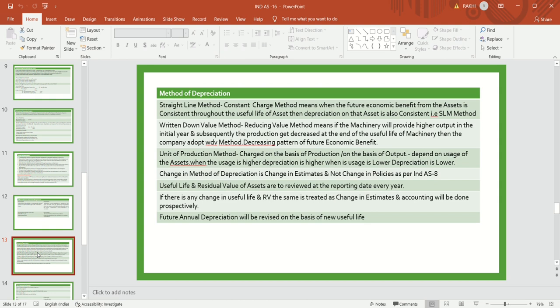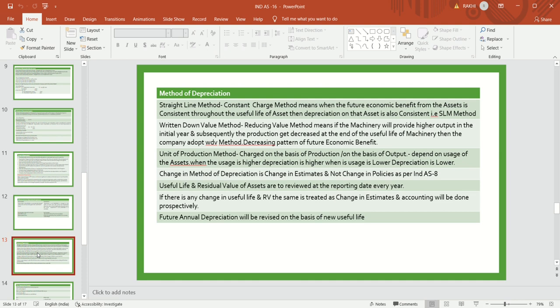Unit of production method. Unit of production method means the depreciation is charged on the basis of production. How much the company uses that asset, only on that basis will the company charge depreciation. Means on the basis of utilization of the asset, depending on the output and usage.